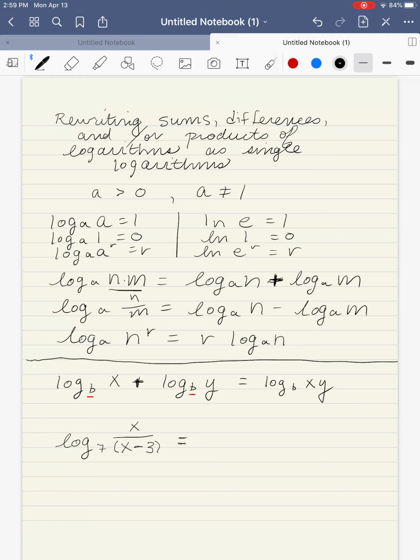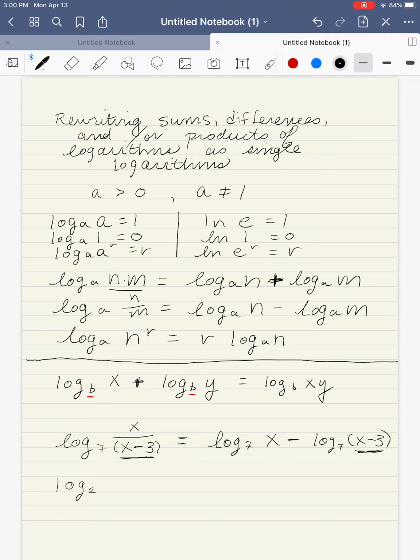Oh, I'm going the wrong way here. All right, let's go ahead and do this one. We have the logarithm base 7 of x minus the logarithm base 7 of this whole thing, x minus 3. So we saw that when we had the division, this was one whole term, so when we did the subtraction, this had to stay together.